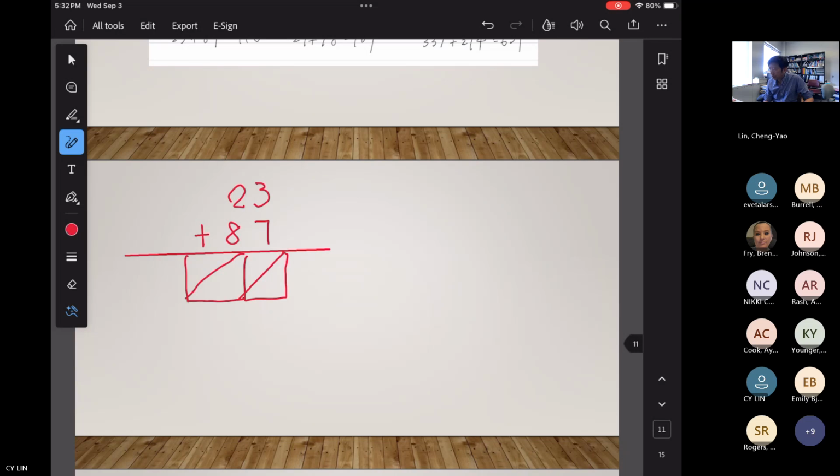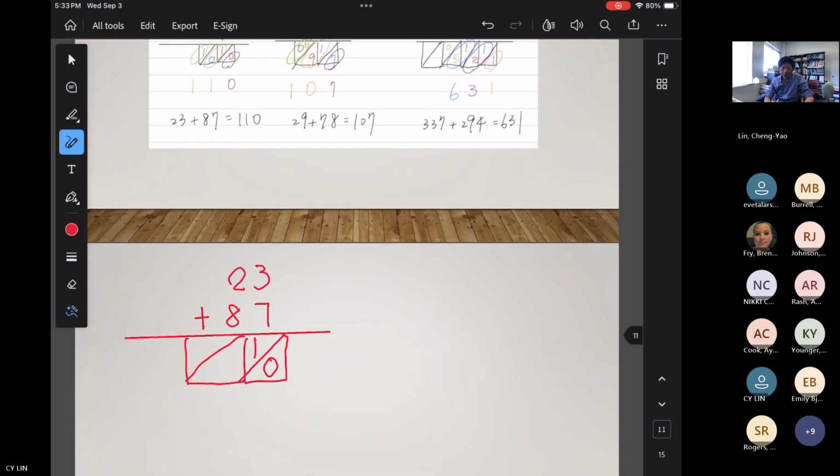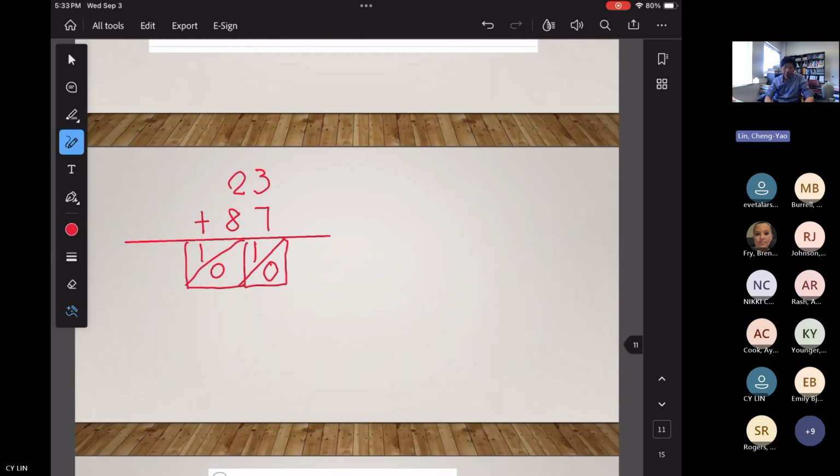Okay, are you ready? 3 plus 7, how many? 10. So put a 1 there, put a 0 there. 2 plus 8, how many? 10. So put a 1 there, 0 there, okay? And then here is ones, here is tens, here is hundreds, okay?